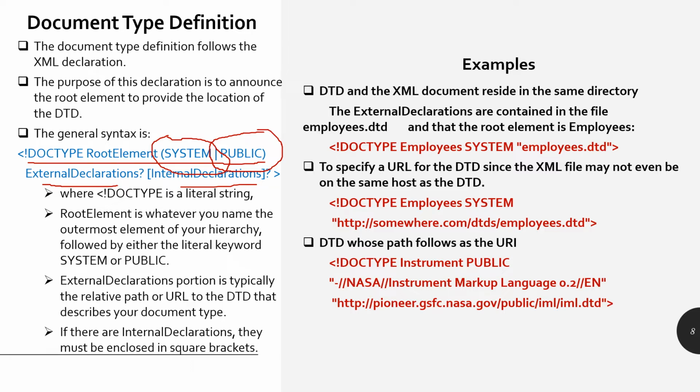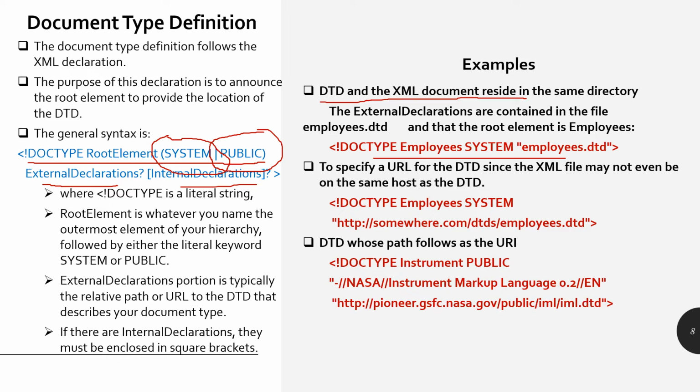Let's see some examples. First, consider the case where the DTD and the XML document reside in the same directory in our system. We need to specify the path. This is how we can specify it. Here the name of the file is employees.dtd.